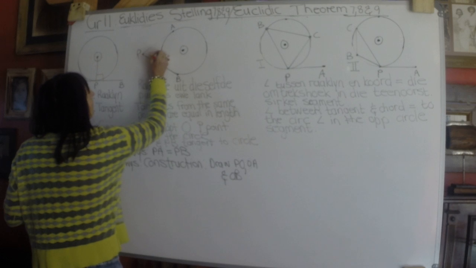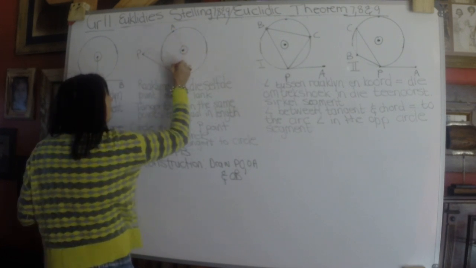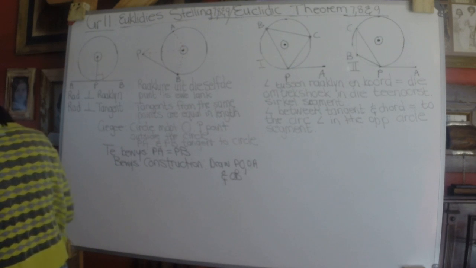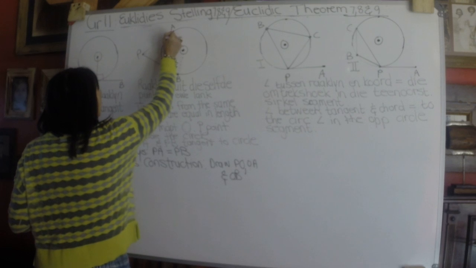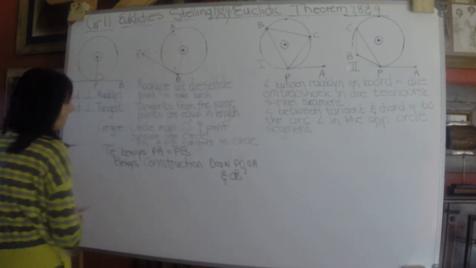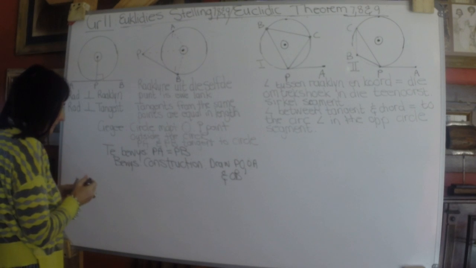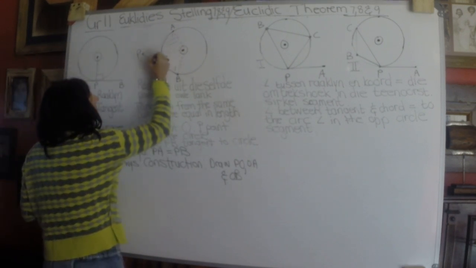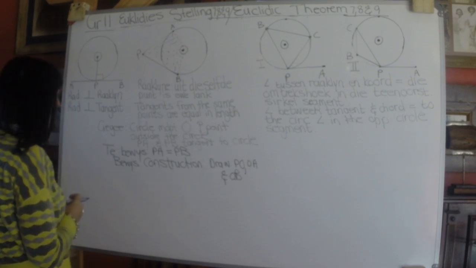Now we're going to draw PO, OA and OB, and then we're going to mark the angles. We've got an A1 and a B1. And now we're going to start with the proof. So we're going to compare these 2 triangles with each other. And we're going to try to prove congruency.